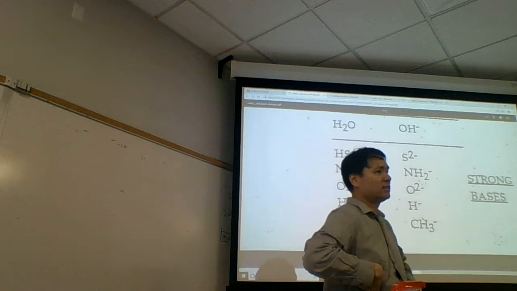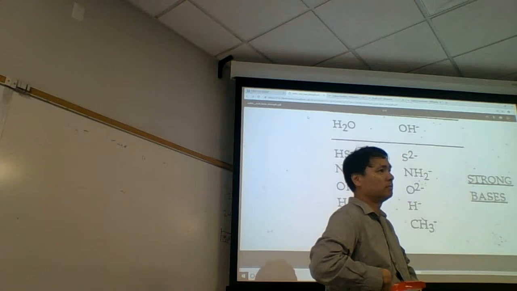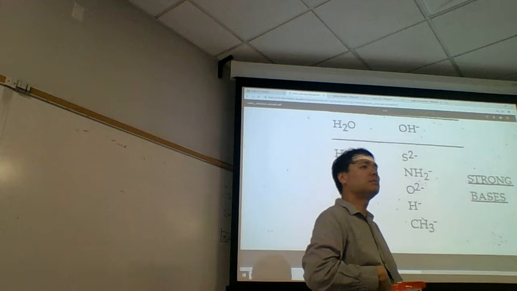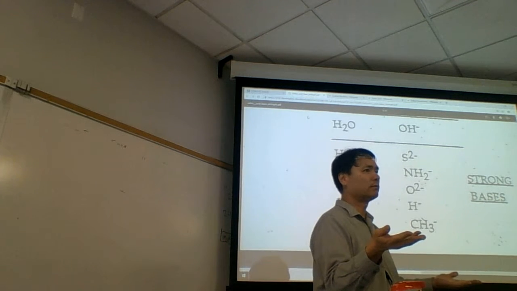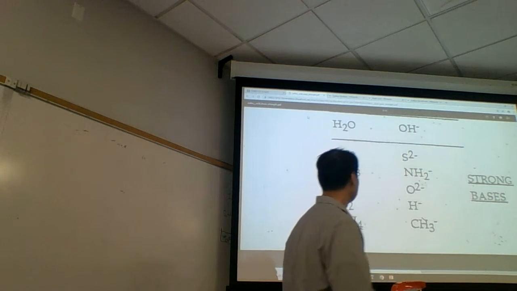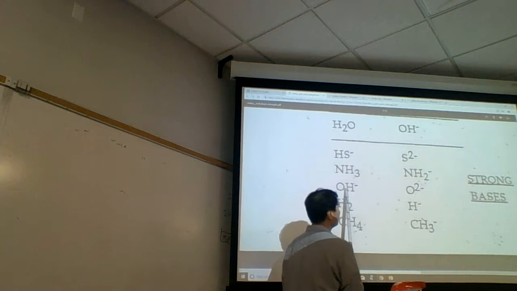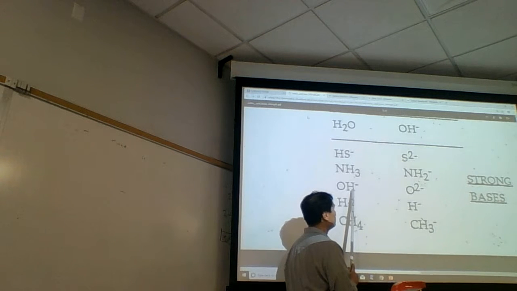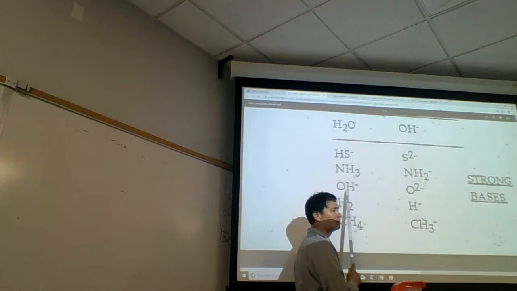Those are called amphoteric or amphiphilic species. If something's amphoteric, it can go both ways. It doesn't mean it goes both ways equally. So for example, hydroxide can be an acid or it can be a powerful base. It's a much, much better base than it is an acid.